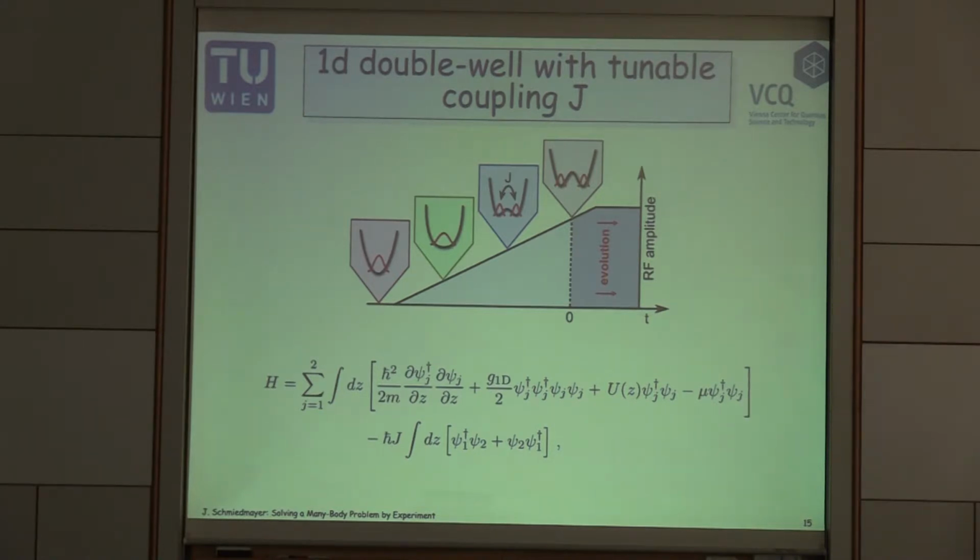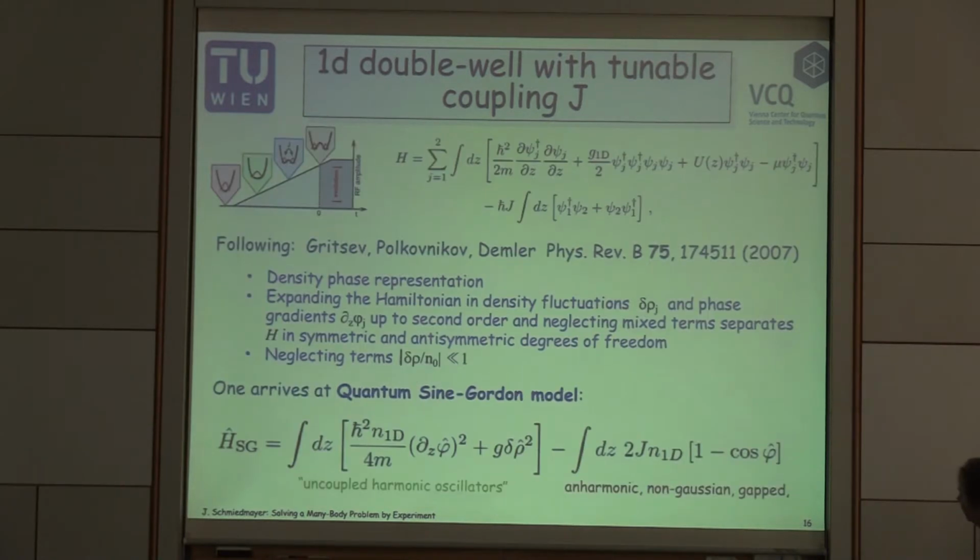Now, what goes in to take us from that original Hamiltonian to the quantum Sine-Gordon model? If you read the details, there's a paper by Gritsev, Polkovnikov, and Demler in Physical Review B. They basically say you can separate the density and the phase. You expand the Hamiltonian in density fluctuations and phase gradients up to second order and neglect all mixed terms.